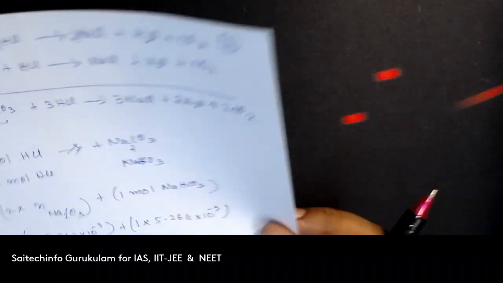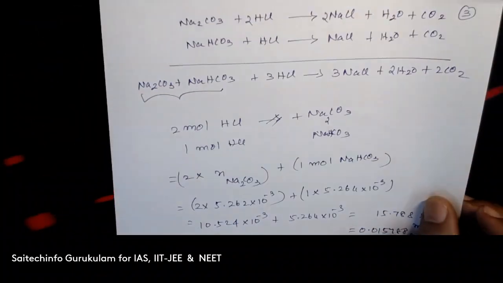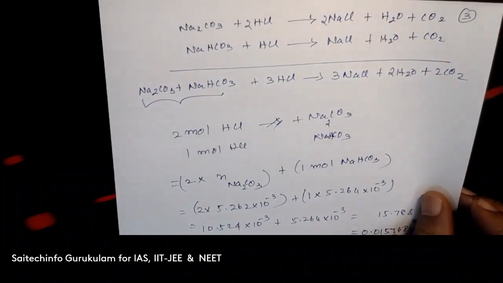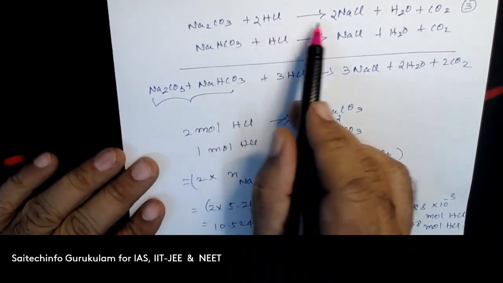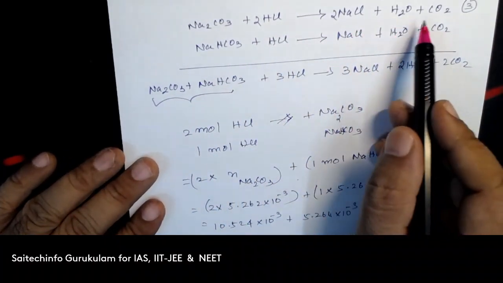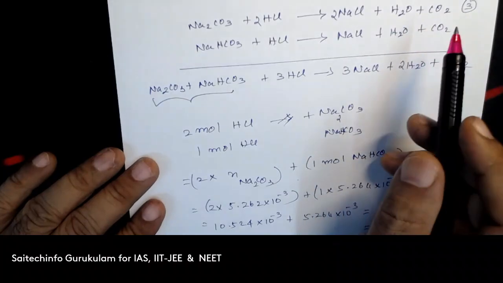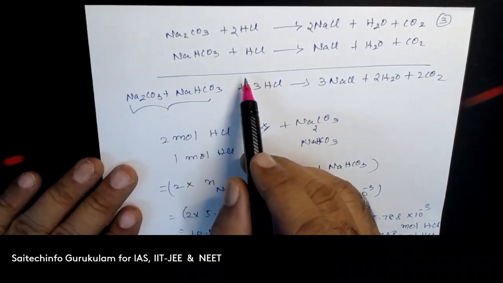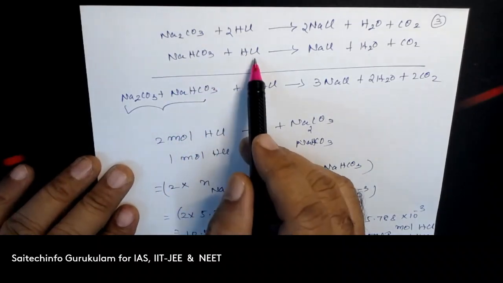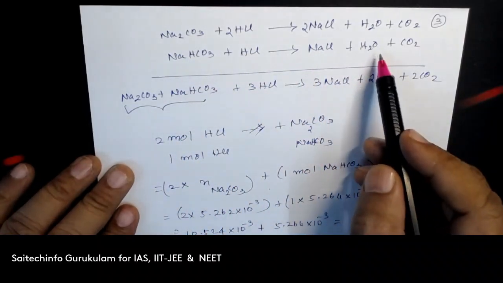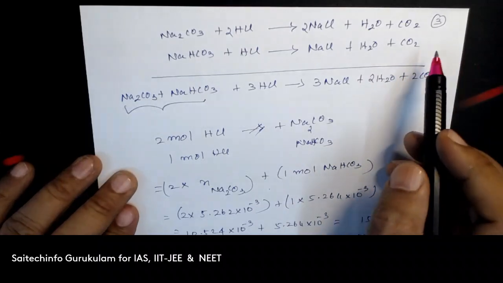Now, based on that, we can work out the equation. Let us consider this part. Sodium carbonate combines with 2 moles of hydrochloric acid to give sodium chloride, 2 moles H2O plus carbon dioxide. Similarly, sodium bicarbonate combines with HCl to give sodium chloride plus H2O plus carbon dioxide.